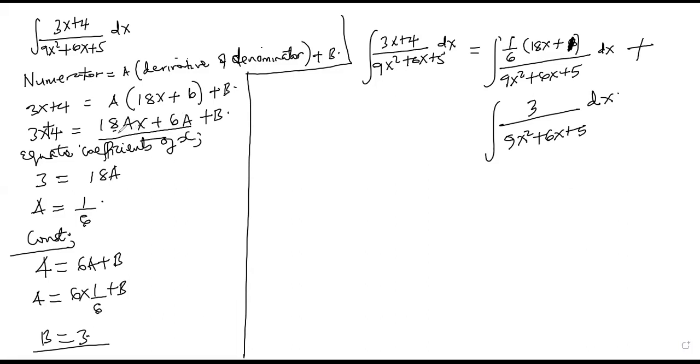Since here we have 18ax plus 6a, I want you to look at it like this: someone can have a into 18x plus 6, and since we have a as a 6th, let's have it as a 6th of 18x plus 6. Do you get my point here?